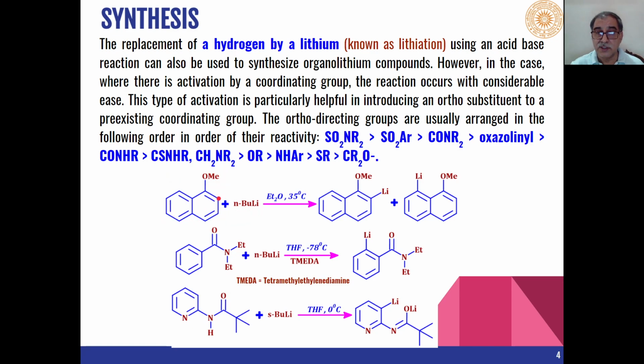So the hydrogen present at this ortho position to this substituent will be replaced, and this H will react with the more electronegative butyl, and butane will be formed, whereas lithium will replace this hydrogen, and we will get either the 2-lithium or the 8-lithium as the product.